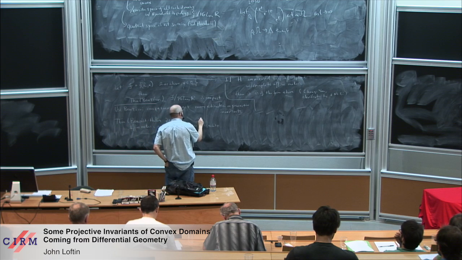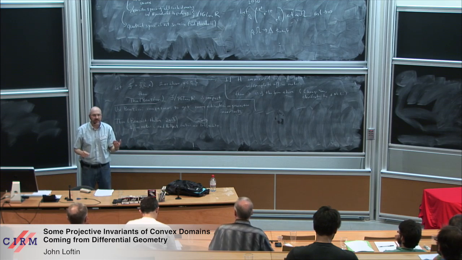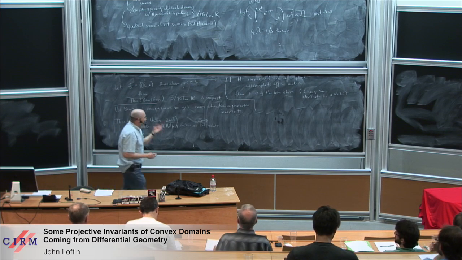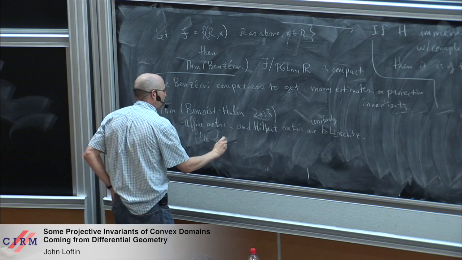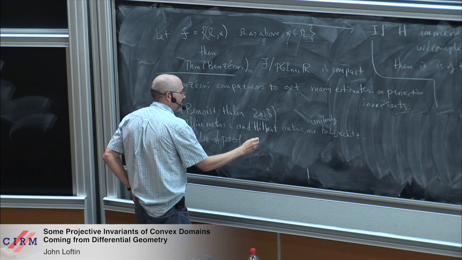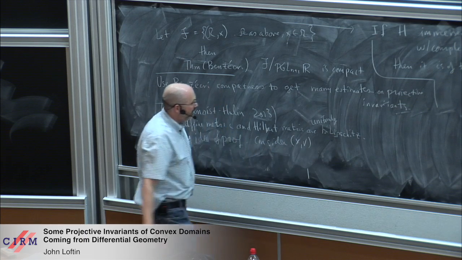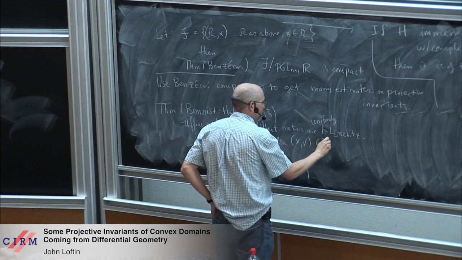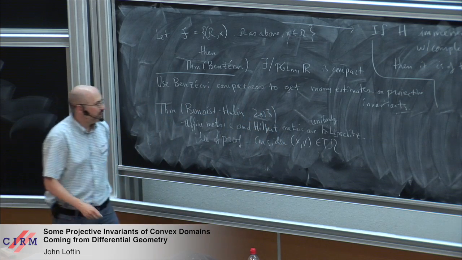Let me say uniformly bi-Lipschitz, where the Lipschitz constant only depends on the dimension. And the idea of the proof is to consider a point in the tangent bundle over omega. So x is in omega, and v is a tangent vector.